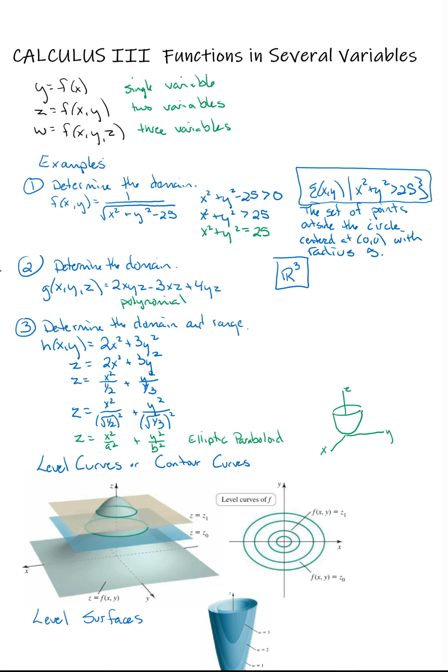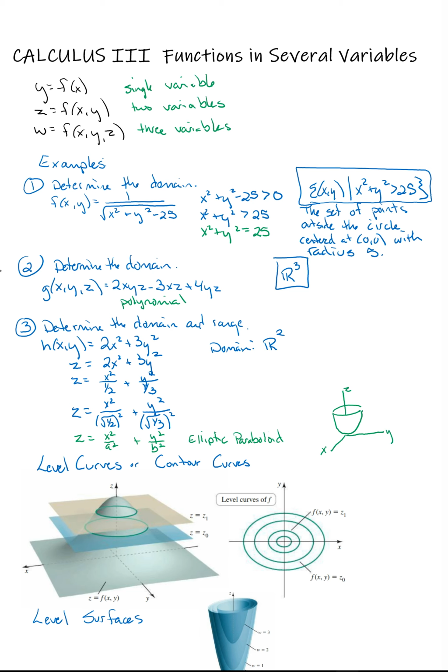So now looking at it in this way, again, my domain is what's going on in the xy plane. So as far as the xy plane is concerned, you can see things will continue on indefinitely. And as we saw before, it is polynomial in a sense, so its domain, we're looking at R2 space, everything in the xy plane.